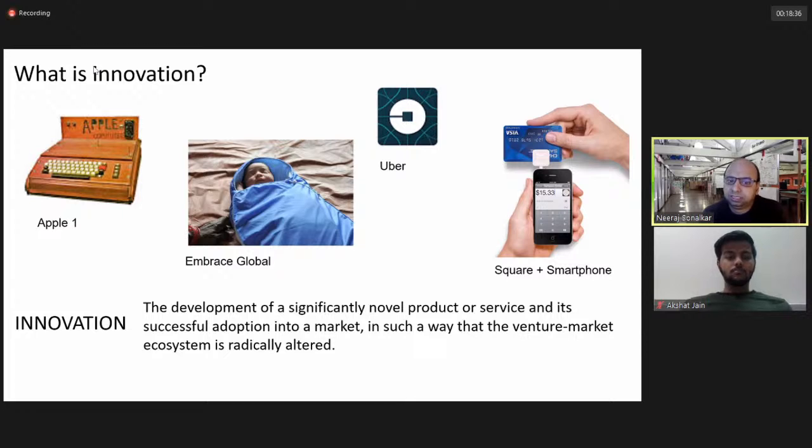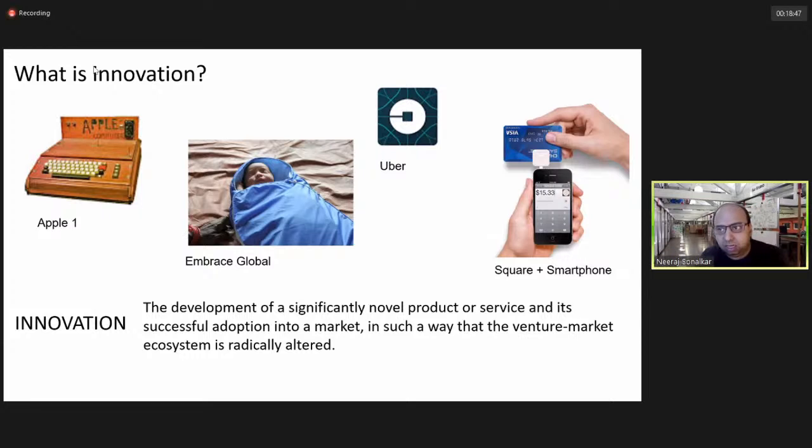It is something that is done intentionally and mindfully, and it opens up whole new markets and whole new revenue opportunities. So innovation is not cost cutting. You can create measures to cut costs to increase margins, but I don't consider that as innovation in itself. So today we are going to focus on this type of innovation, radical innovation.